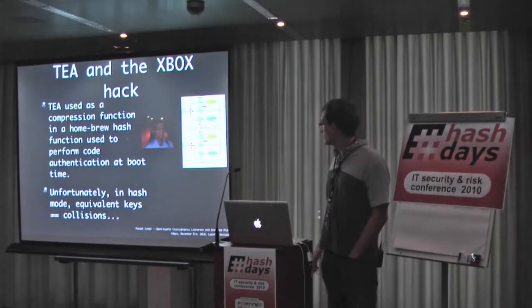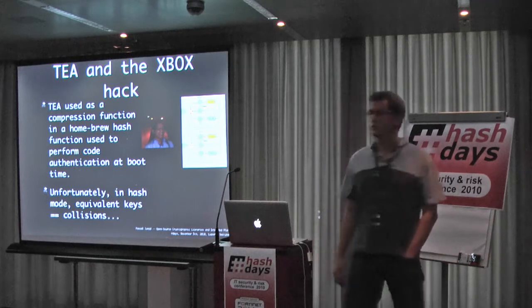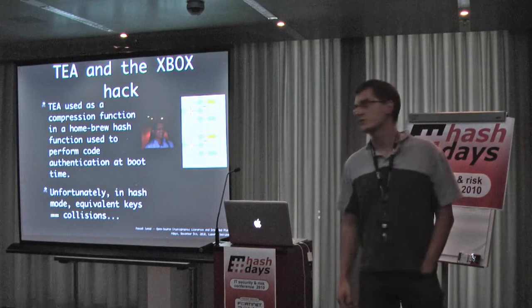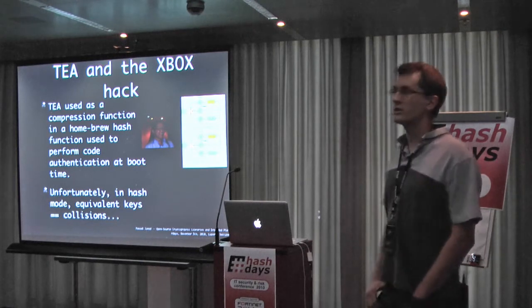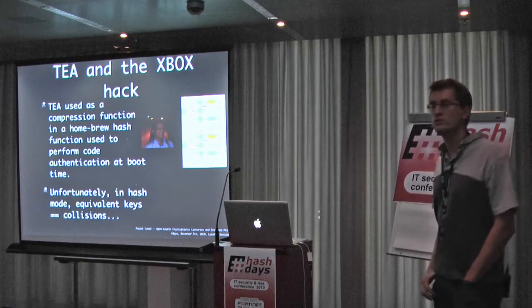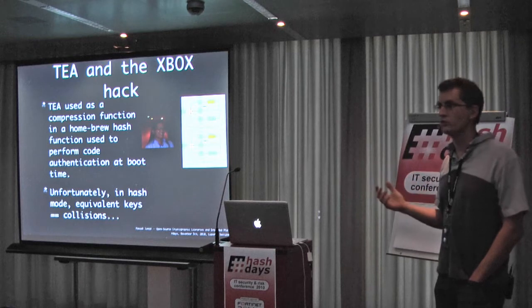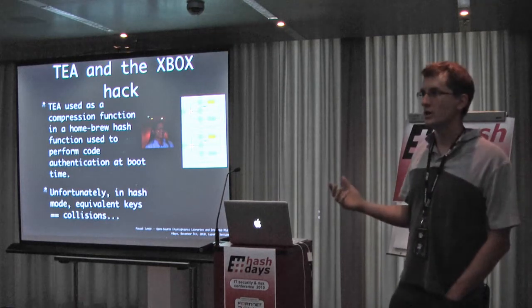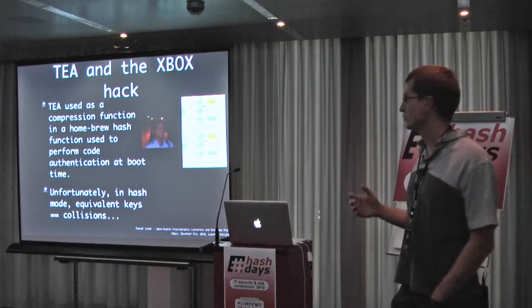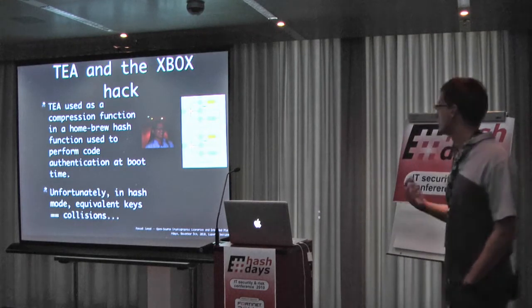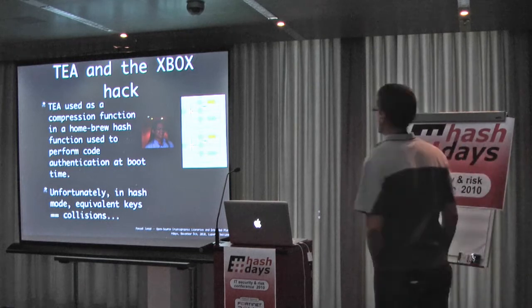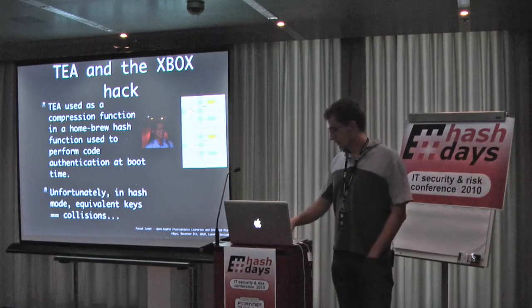What they did is that they used this block cipher as a compression function to build a hash function. This homebrew hash function was then used to hash all the boot sequence and all the code in order to authenticate it and to ensure that it had not been modified, for instance, for hacking it.